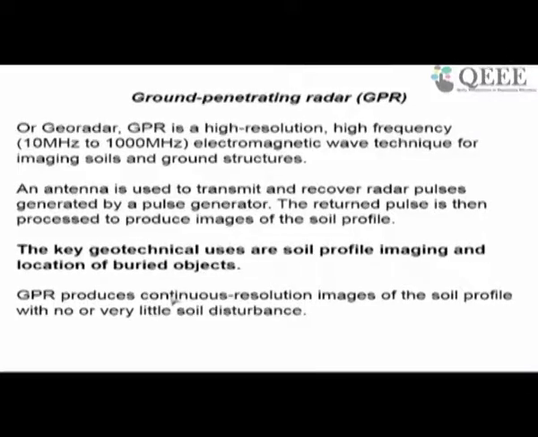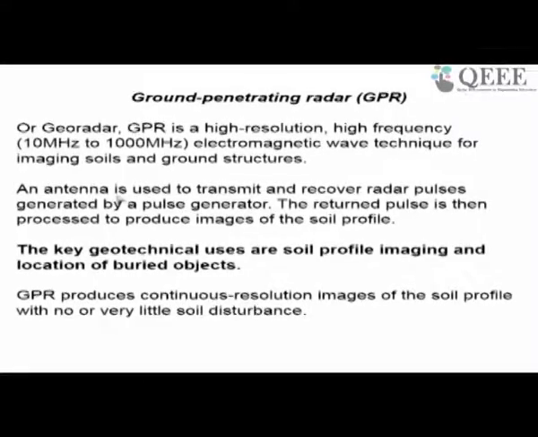Mostly it is used if you have buried pipelines, because these days when you are excavating something, there will be a lot of electrical lines, water pipelines, or other buried objects which need to be investigated. As you see, ground penetrating radar is again an electromagnetic wave based technique.